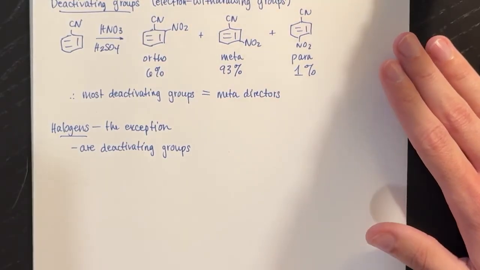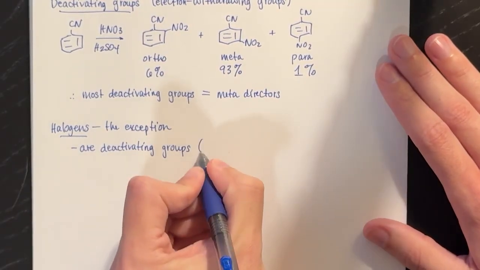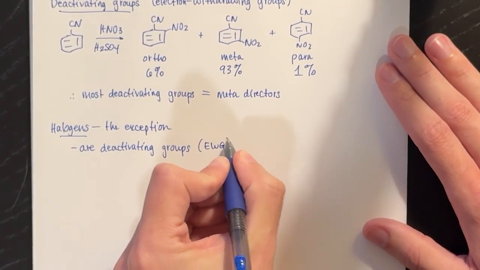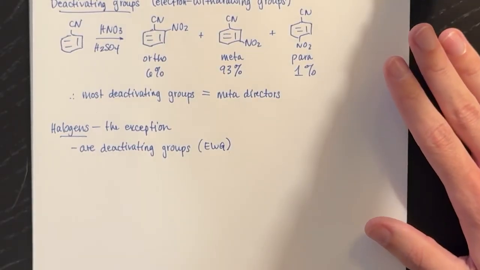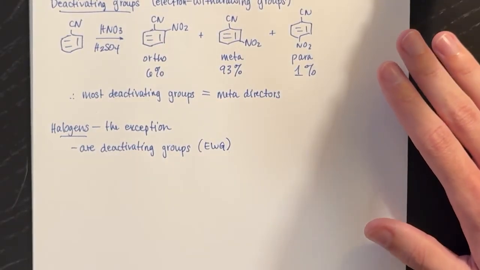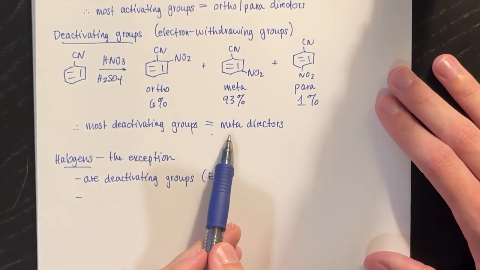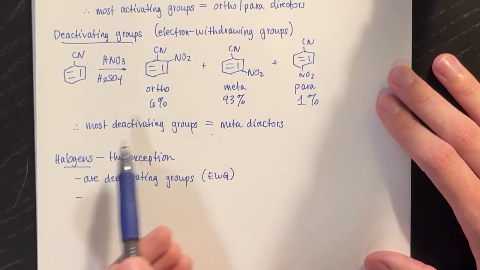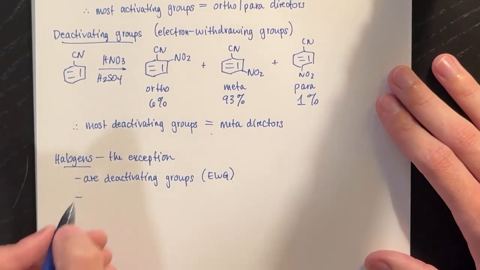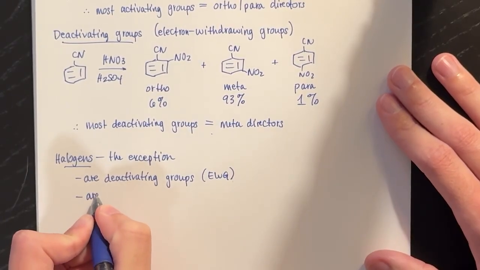They're electron withdrawing groups, mostly just inductively, so it's not a very strong effect, but they are deactivating groups. However, we would expect them to be meta-directors, right? Because deactivating groups are meta-directors. Well, wrong.